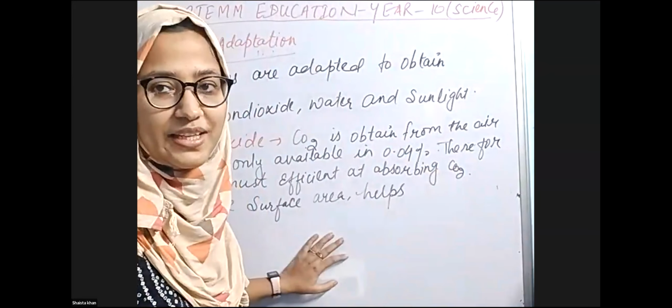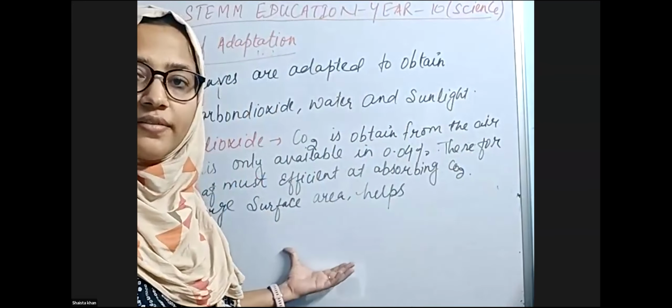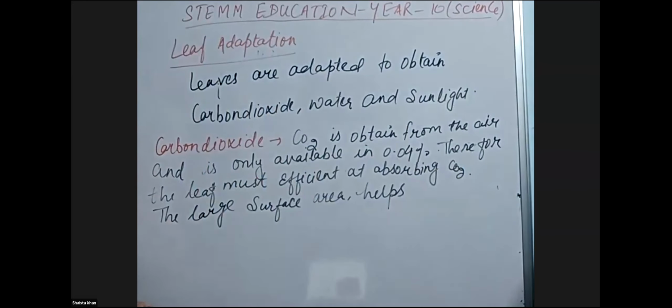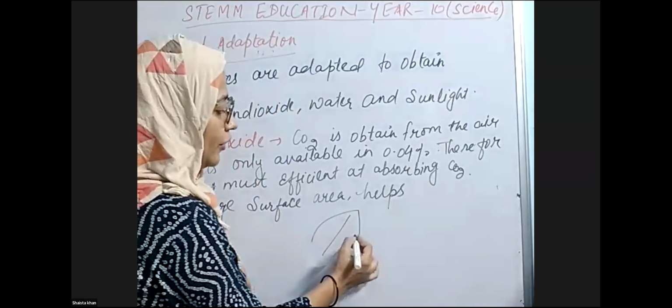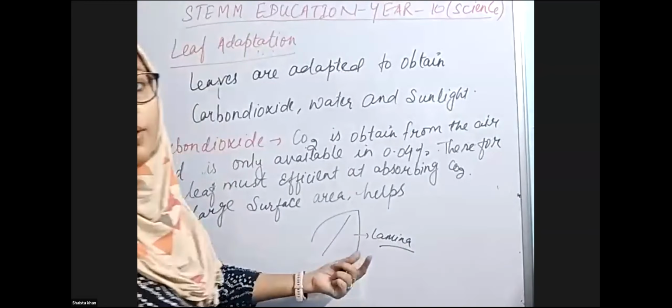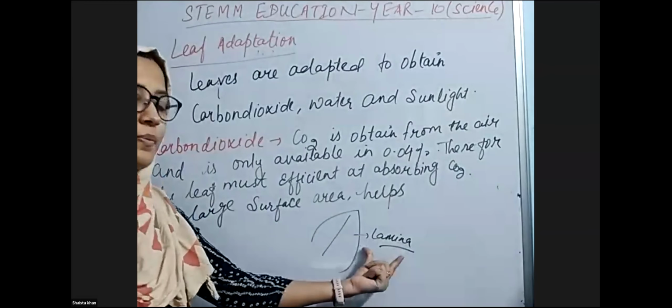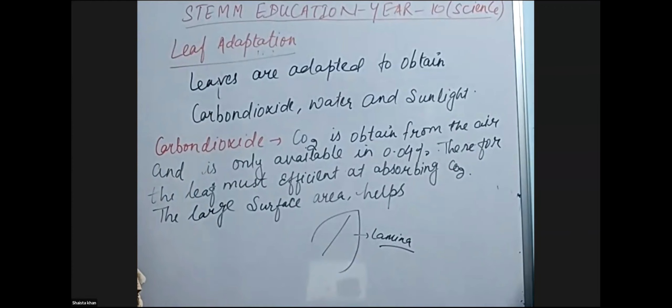Only Talha. Now tell me, what is the name of the broader part of the leaf? Can you tell me? I forgot, miss. You forgot? That broader part is known as lamina. Right?